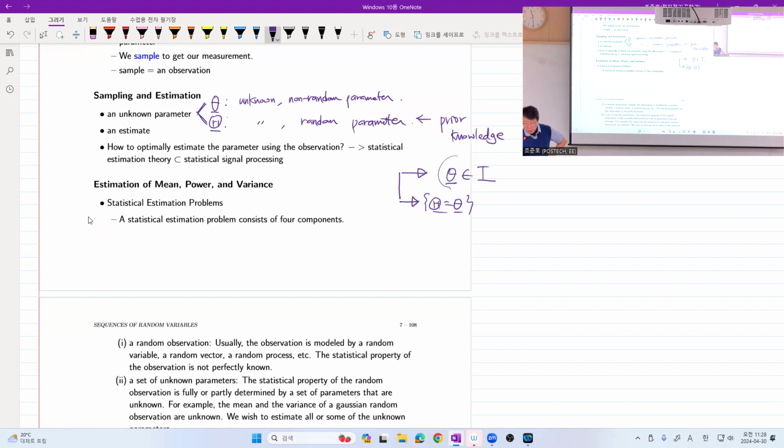But anyway, this theta are, for example, random vectors, and they may be a member of an index set. And this set, as I always emphasize, can be a finite set or countable set, countably infinite set, or uncountable set. According to this countableness or uncountableness, we divide our inference problem into two. If we want to estimate a parameter from a countable set, the problem is called a detection or classification problem.